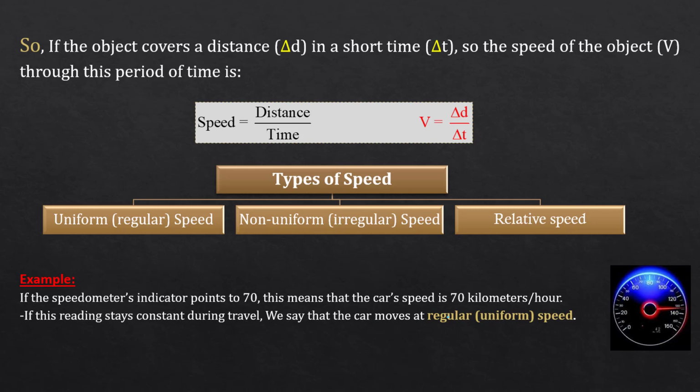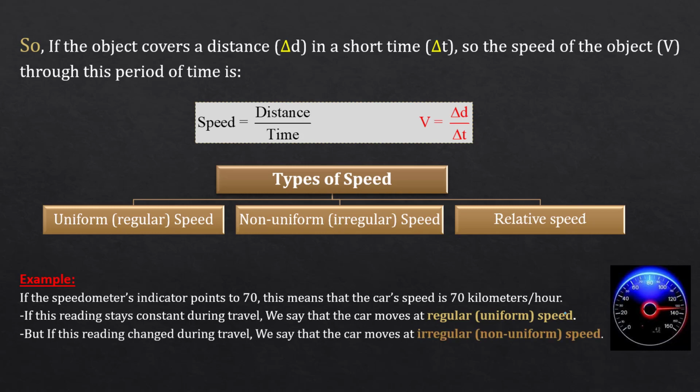The first one, if the reading stays constant during the travel, it means if the speed is still 70 kilometers per hour, we can say the car moves at regular speed or uniform speed. But if the reading of the speedometer changed, or if the speed of the car changed, we can say the car moves at non-uniform speed, because the speed is changed, it doesn't stay constant.